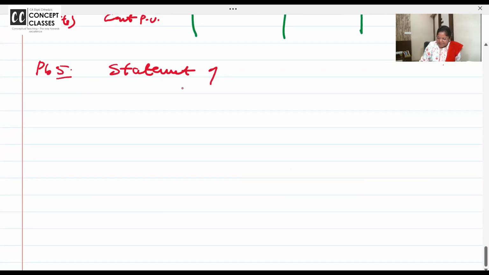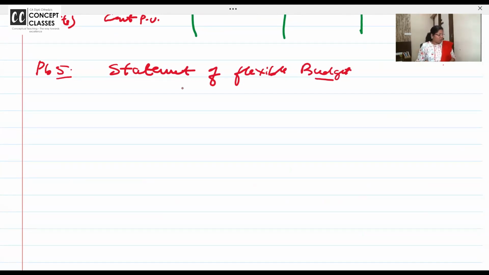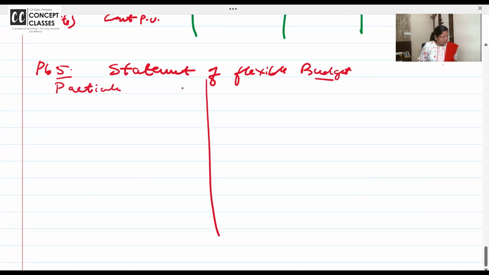Statement of flexible budget. Ma'am, why do we call it flexible budget? You're flexible. You are checking, ma'am, if I operate at 40% what will happen, 60% what will happen, 100% what will happen. Inquisitively, we are working out all the pros and cons. And we know, okay, if we change, what will increase, what will decrease. So, particulars, a little wide, and triple column.